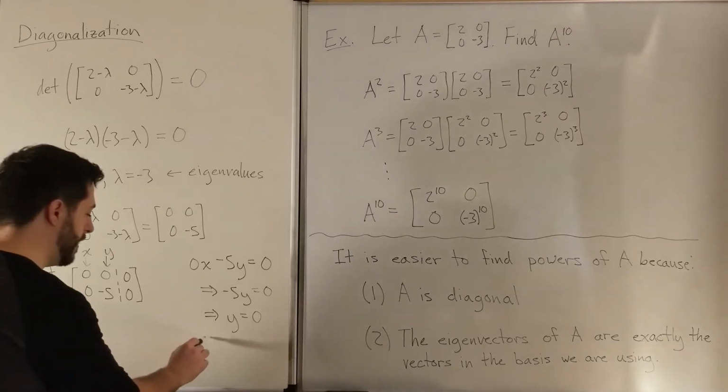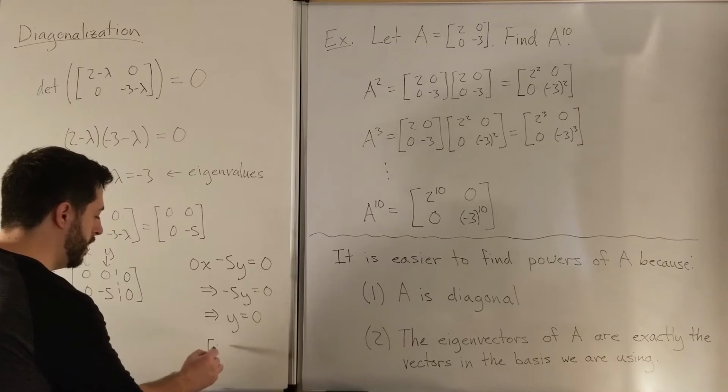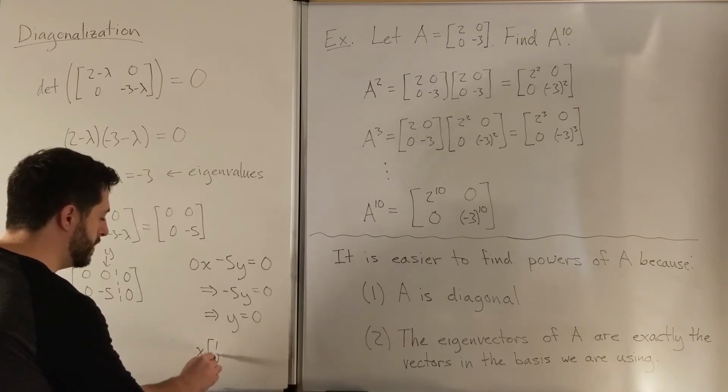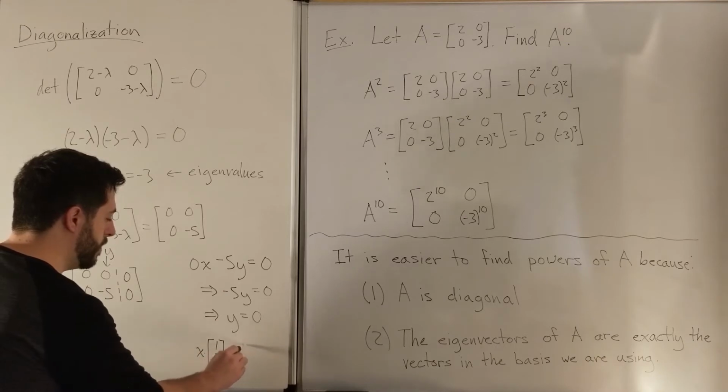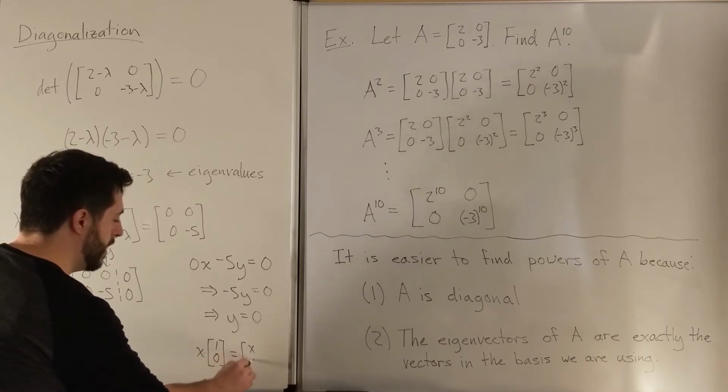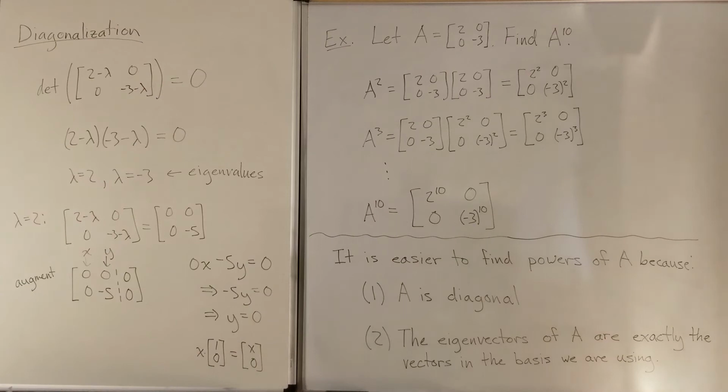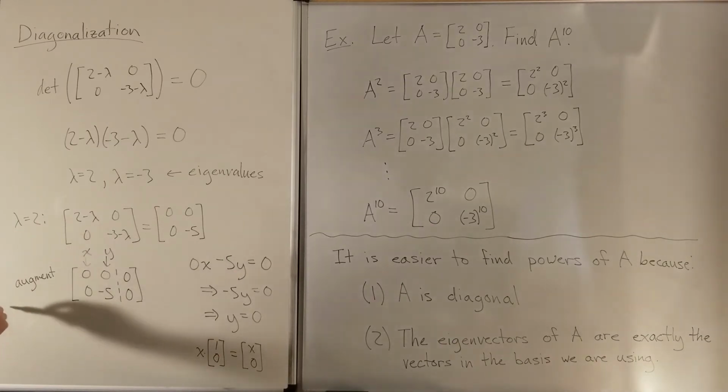So we're going to get the vector, we'll just say x times 1, 0. Or if you want, we can just say that's x, 0. So any vector of this form is an eigenvector with lambda equals 2 as the eigenvalue.